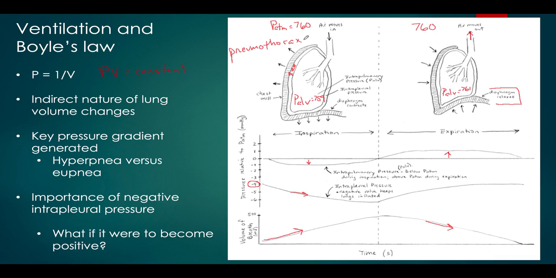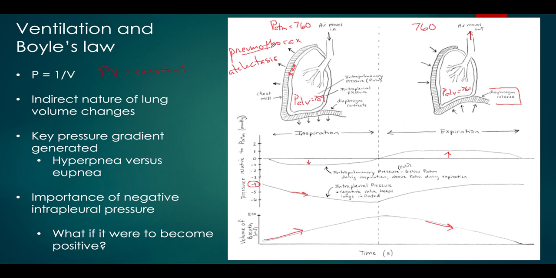It can be caused by other things like bleeding into that space. It's called a hemothorax. But the general term, which I believe I gave you last time, is atelectasis. So atelectasis means simply a collapsed lung.